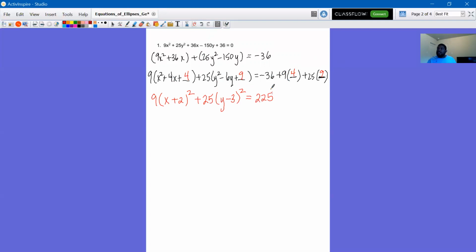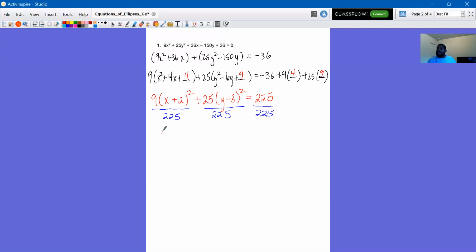Now, to get the standard form, we need to make this a 1. So we need to divide both sides by 225. So we're going to divide the 9 times (x plus 2) squared by 225, and we're going to divide this 25 times (y minus 3) squared by 225, and 225 by 225.